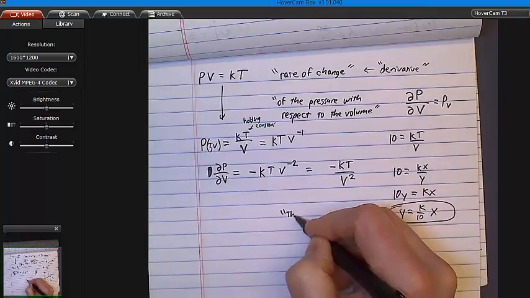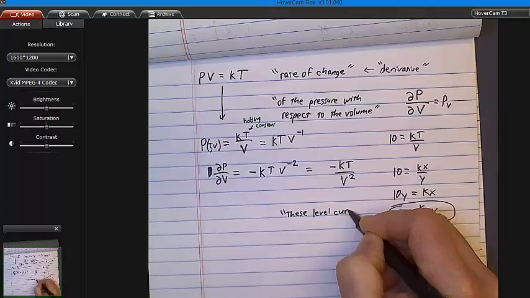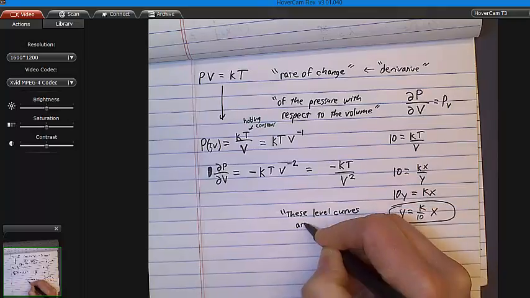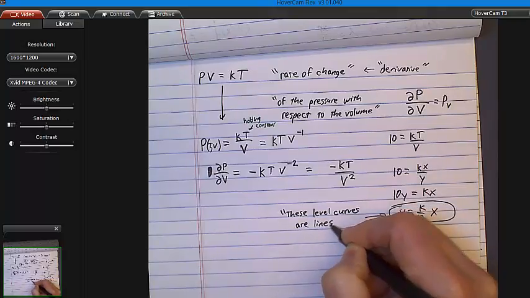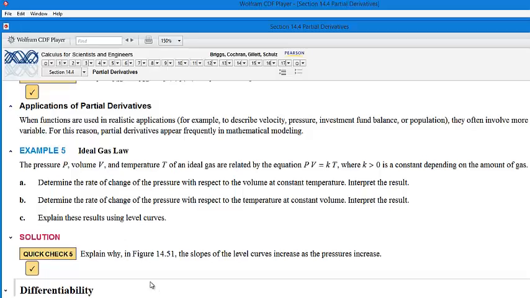The level curves actually being lines. That's what ends up happening. So the level curves end up being lines, and so the picture that your book gives.